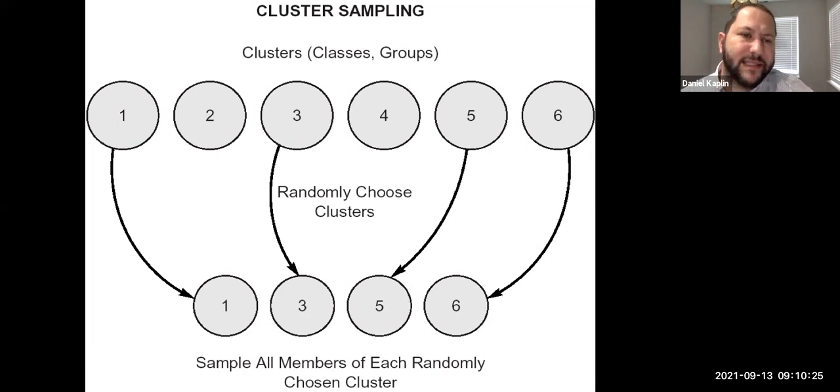So let's say in cluster one, I selected City University of New York, CUNY Graduate Center, and cluster two was Rutgers, and cluster three was Teachers College, and cluster four was NYU, and so forth.